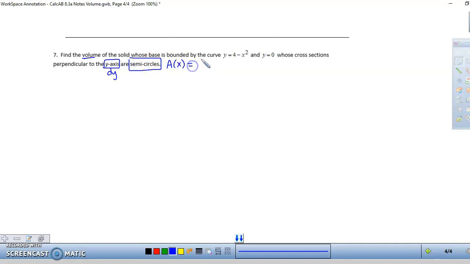So remember, with the semicircles, 1/2 pi r squared, but we will want to think about it in terms of diameter, because the diameter is going to be the top minus the bottom, or in this case, because we're doing dy, is the right minus the left.